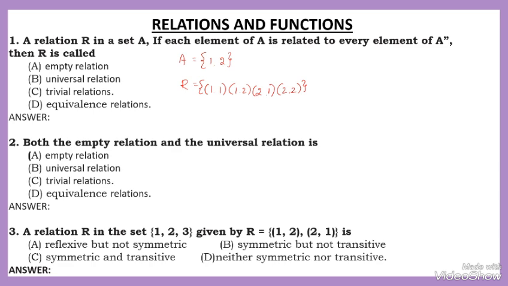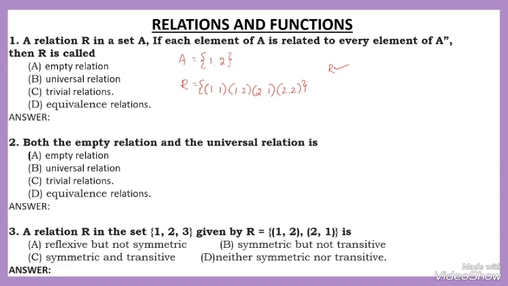Now we have taken the result. Based on the relation, we have to justify all the values. Here, first one, 1 is there, 2 is there. There are two elements, their images are present. Hence, reflexive property obeys.